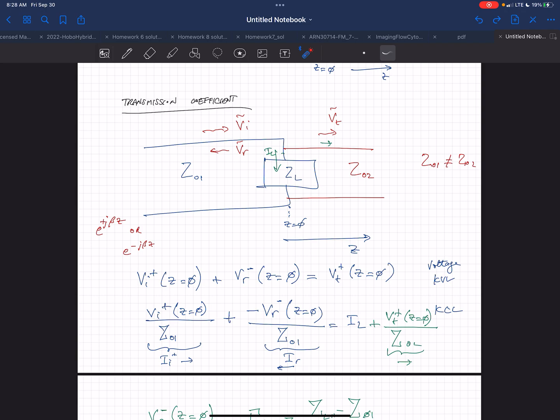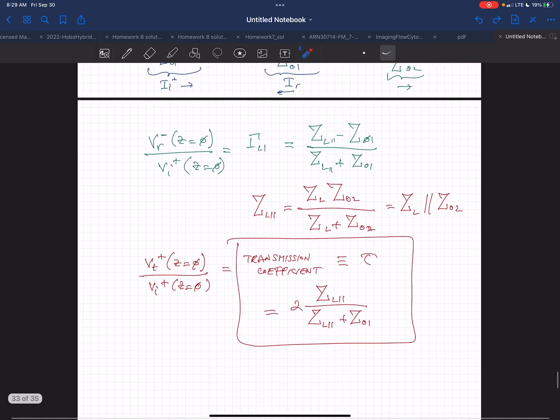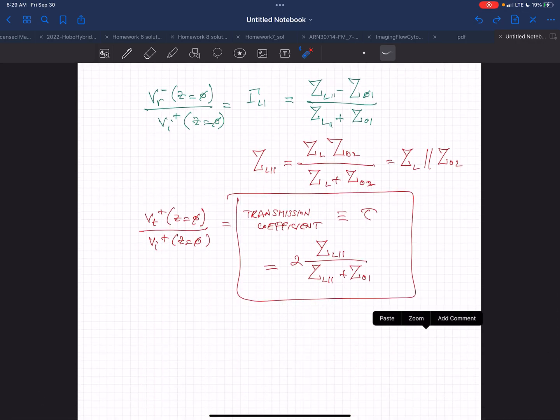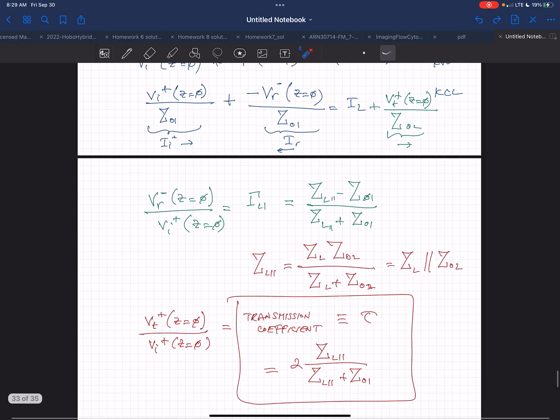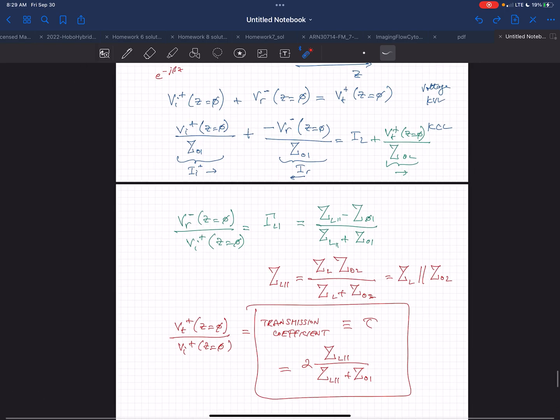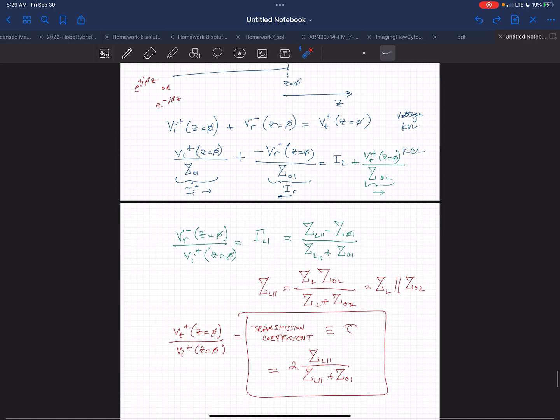So ZL parallel is those two in parallel. Is that a 2 next to the coefficient? So you multiply that by 2? Yeah, that's 2. I was just working out the details of this.